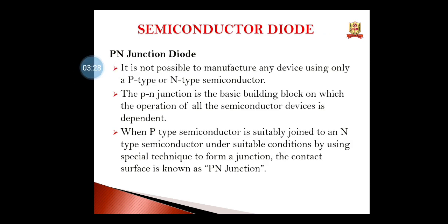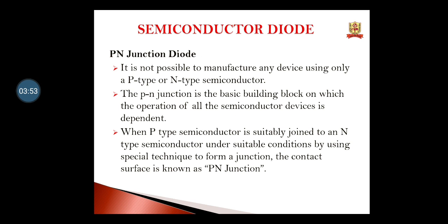But it is not possible to manufacture any device using only p type or n type semiconductors. So what they did is, the p type and n type semiconductors were joined together to form a p-n junction diode.